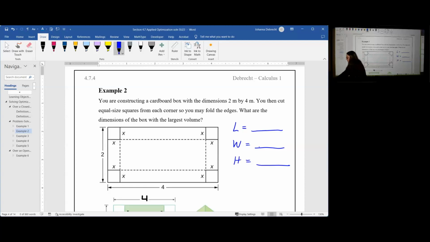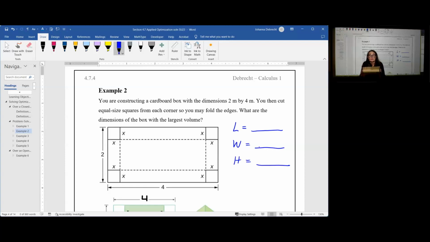If I think about what I'm doing here, remember that this cutout is length X on each side, and I'm going to fold that side of length X straight up so that it becomes the height of the box. Well, in that case, I kind of know what my height is.